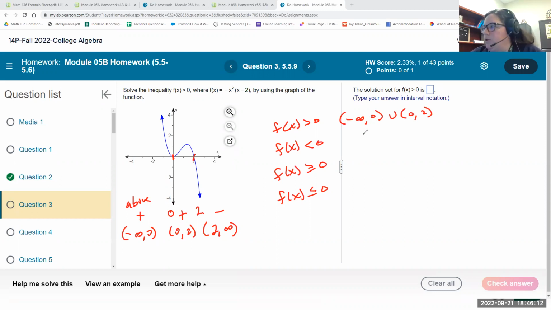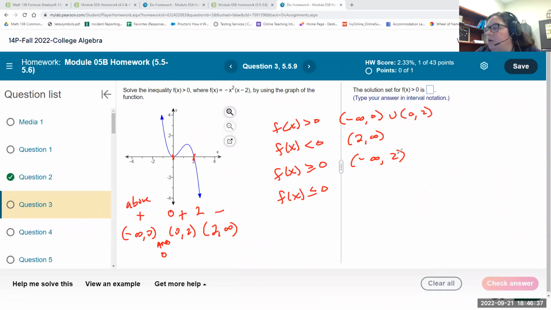Less than 0 then would just be the 2 to infinity. But if I go to greater than or equal to 0, now I get to actually include 0 itself, and that merges those separate intervals. So I would just go from -∞ all the way to 2. On all of that, it's either greater than 0 or equal to 0, so they're all included.